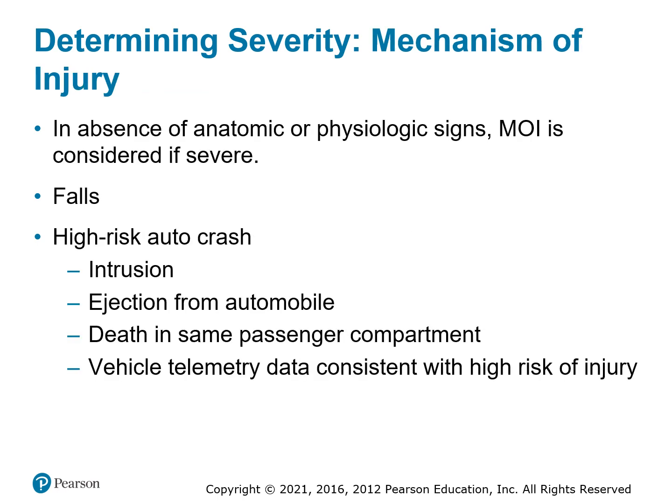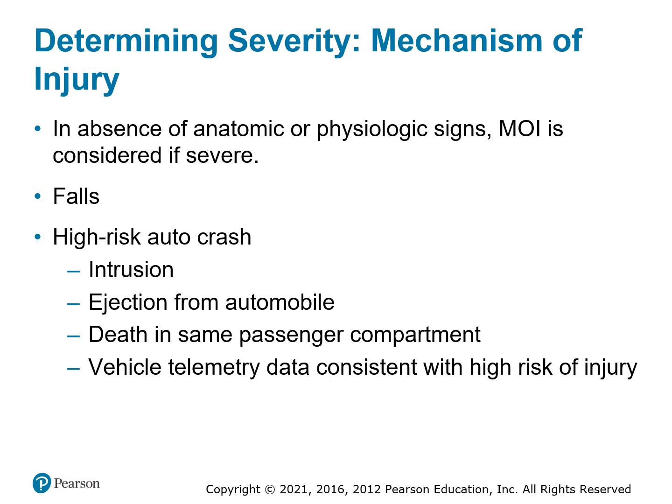Some mechanisms of injury to consider. In the absence of the anatomic or physiologic signs we just talked about, mechanism of injury is considered if it's severe. So falls, normally this is a fall from about 2 times the patient's height. If the patient's 6 feet tall, a fall of 12 feet or higher would be considered a high priority fall.